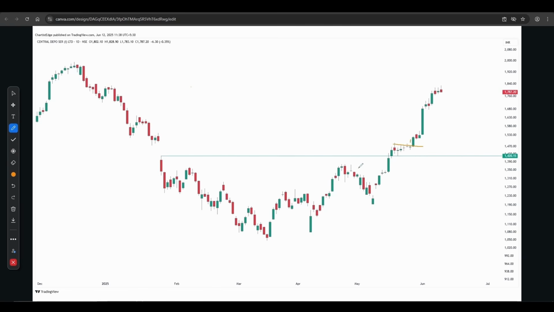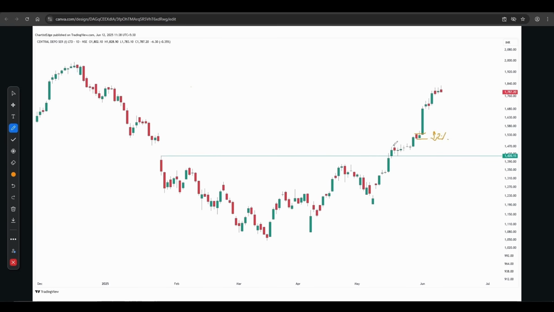It gave a breakout. Now you know the breakout happens, gives a follow through, which is ultimately a follow through of this contraction structure right here. This is a very narrow contraction range. This is again, I guess, 2%.